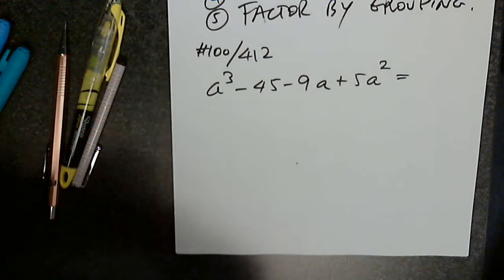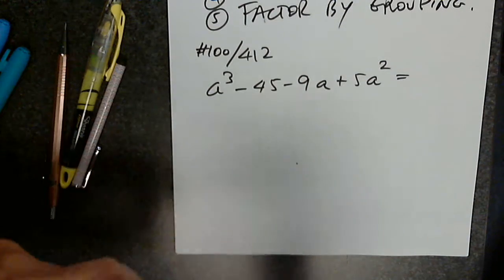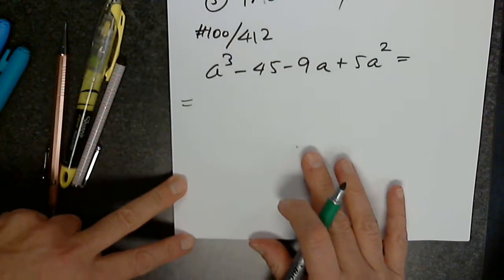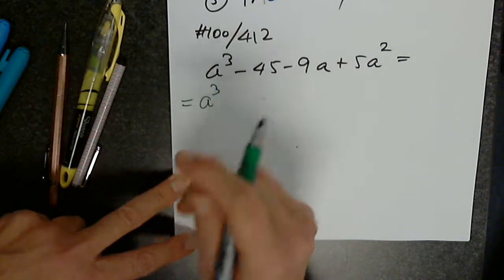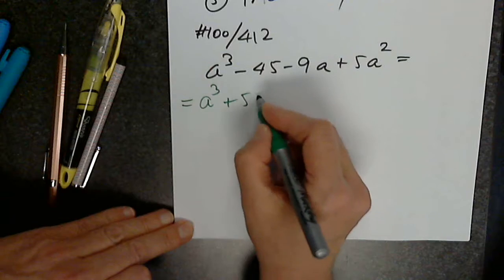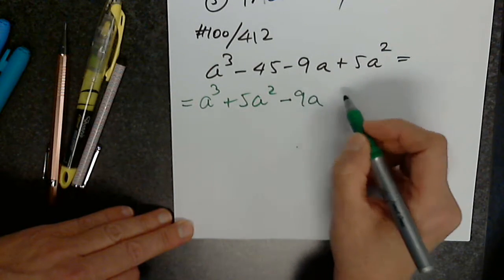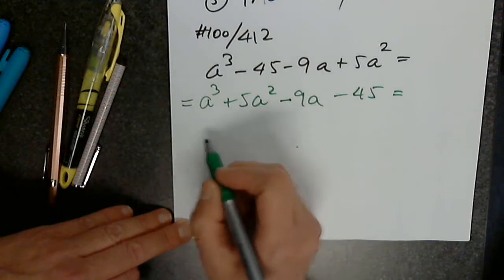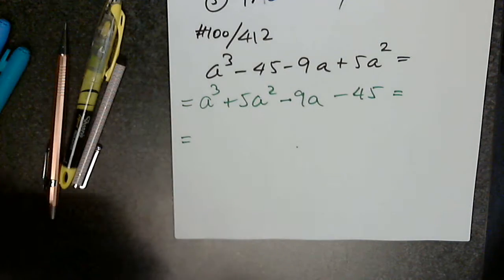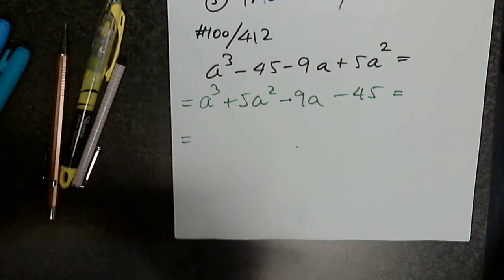What is it? It's a polynomial. Is it in descending order? No. So I have to rearrange it. A cubed, then 5a squared, then minus 45. Negative leading coefficient, no. Greatest common factor, none. Factor by grouping. I'm ready.